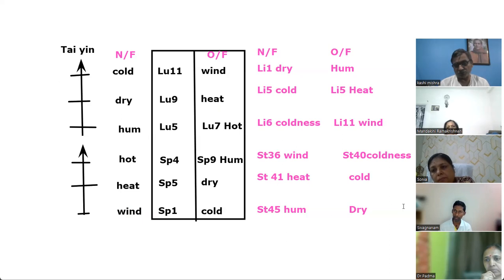But the orientation, so these meridians should be used where you are more interested in the orientation of the chi, the flow of the chi. That is distribution. So there are two things, generation and distribution.